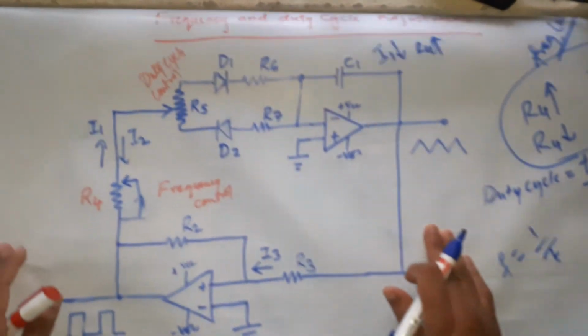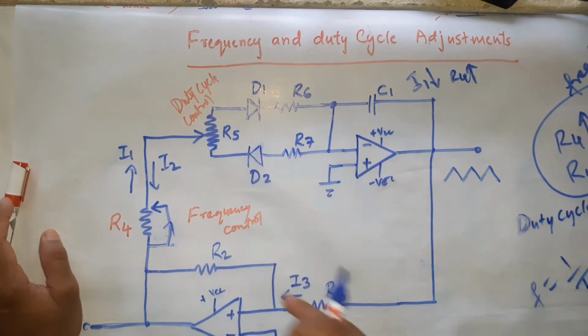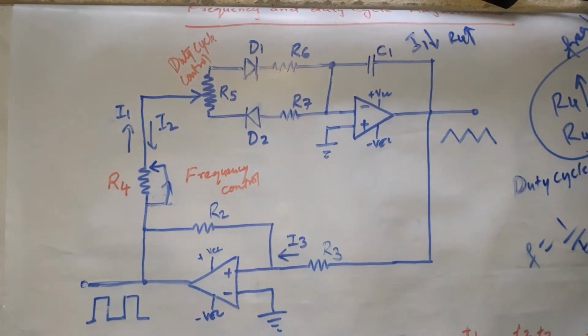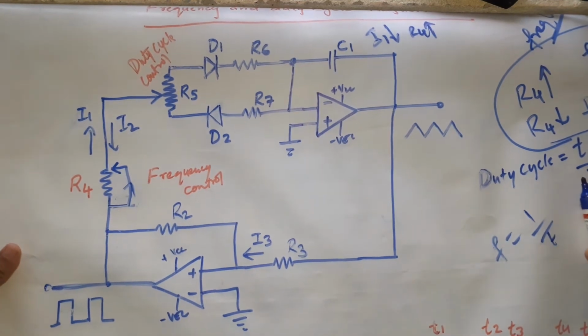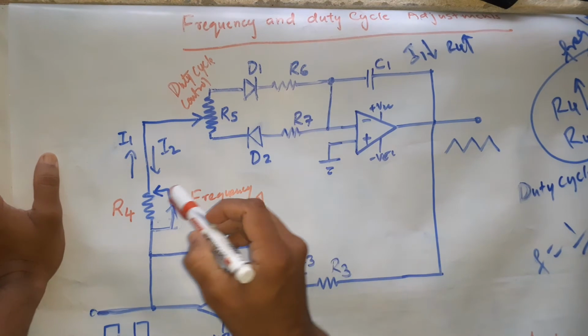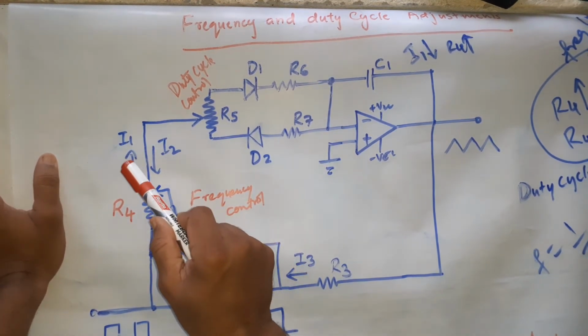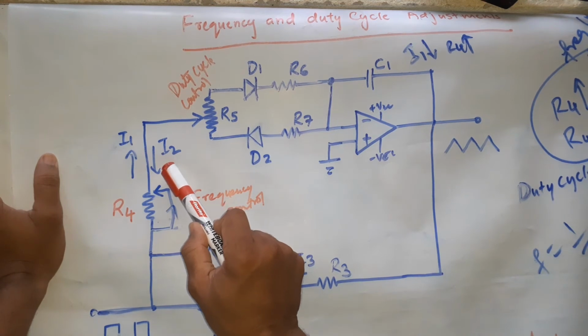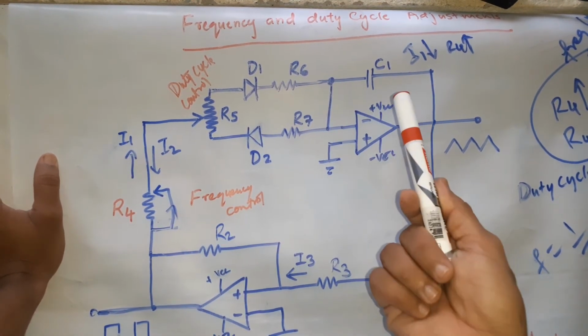Now let us understand what duty cycle control is and what is the role of this particular part of your circuit. I want you to notice that resistor R4 can have an impact on the currents I1 and I2, where I1 and I2 are the currents which are charging and discharging your capacitor.